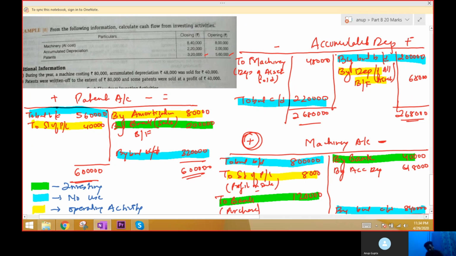In the format, depreciation, amortization, and profit or loss go under adjustment of non-cash and non-operating items, under operating activity, after net profit before tax. Any purchase or sale of a fixed asset goes under investing activity: sale of patent, sale of machinery, and purchase of machinery.